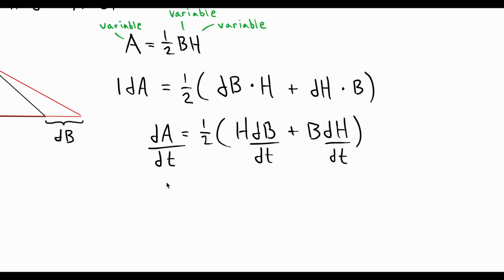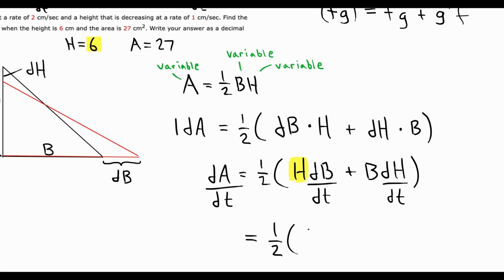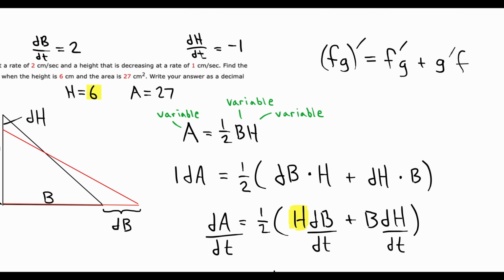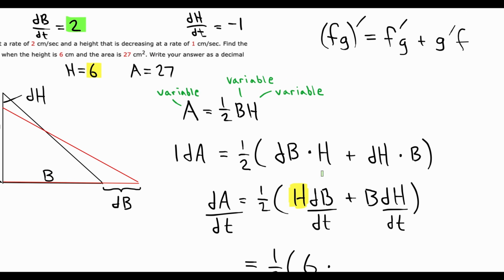Now dA dt is what we're looking for. And so see here, h needs to be 6. So replace that h with a 6. 6 goes here. dB dt was stated here to be 2. So that needs to go here.